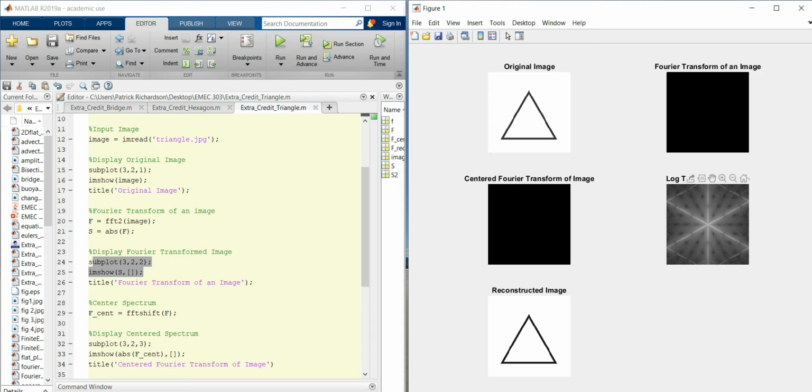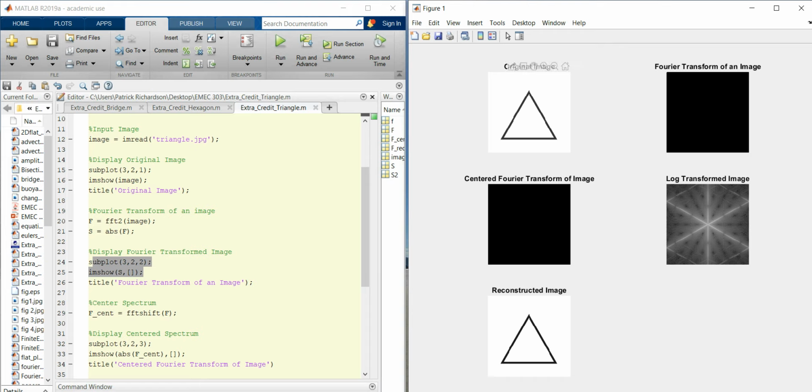This graph has frequency in the y and in the x direction, going from 0 to 2 pi on this axis, and on this axis it's also going from 0 to 2 pi.